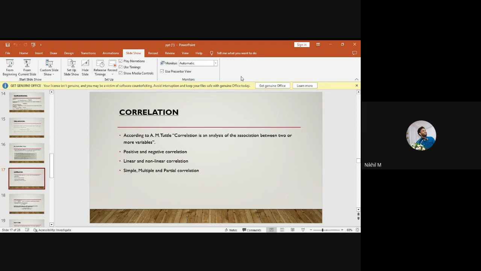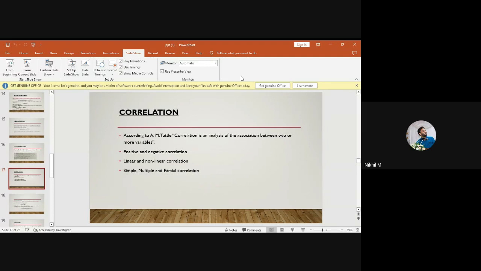And the third one: simple, partial and multiple correlation. If there are only two variables, the correlation is known as simple correlation. When we consider only two items or two variables, it is simple correlation.